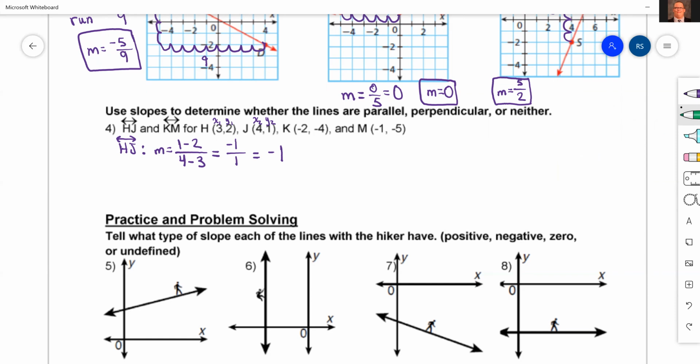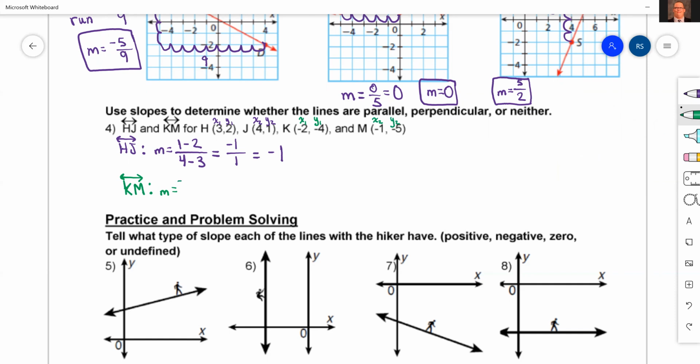Then they ask us about KM. So label our points. X1, Y1, X2, Y2.